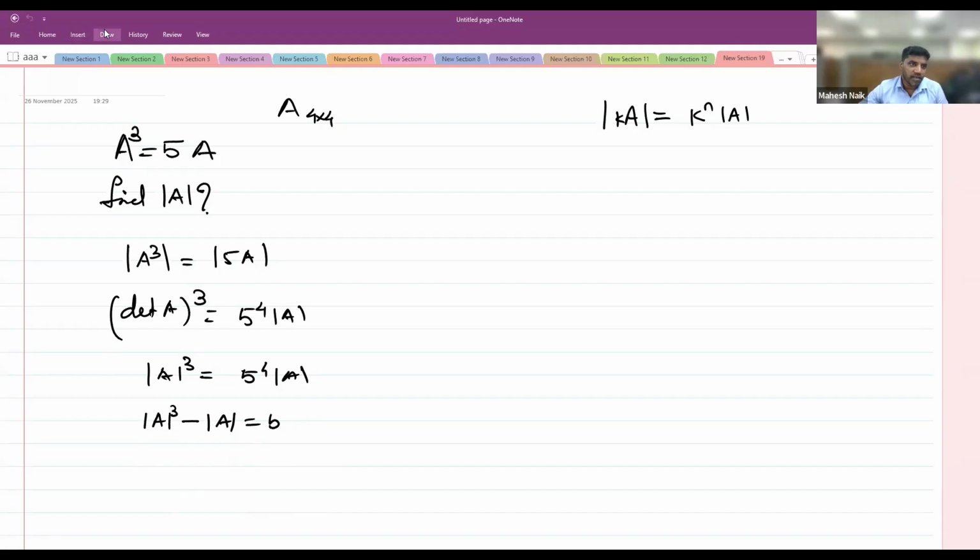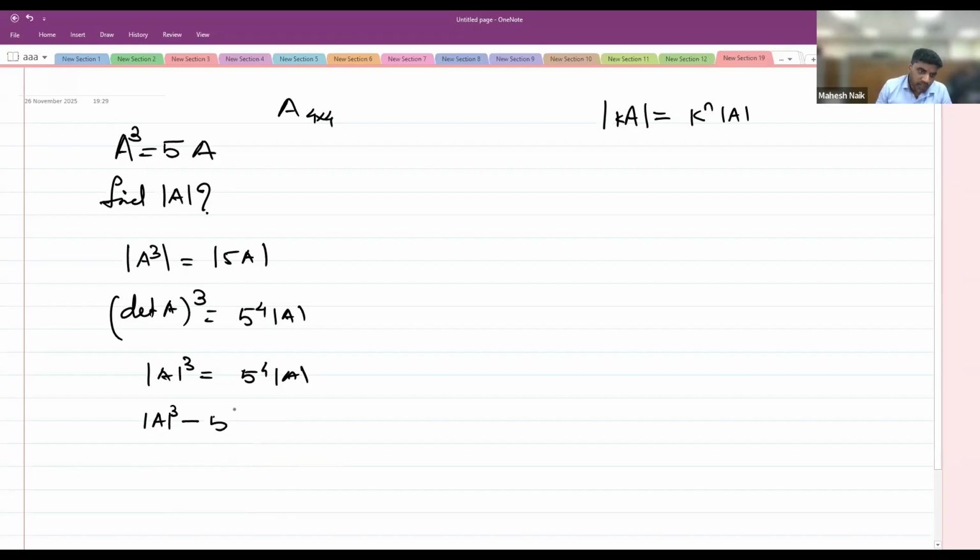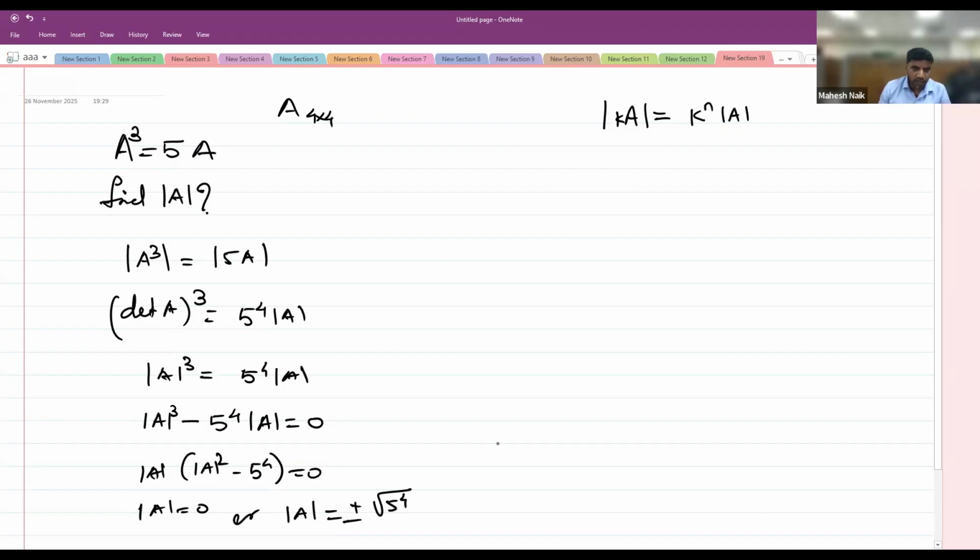The 5 raised to 4 should have been taken on this side. So that's 5 power 4 into determinant of A equal to 0. So taking out determinant of A common, we'll have determinant of A square minus 5 raised to 4 equal to 0, which implies this is equal to 0, or determinant of A is equal to plus or minus square root of 5 raised to 4, which is nothing but plus or minus 25.